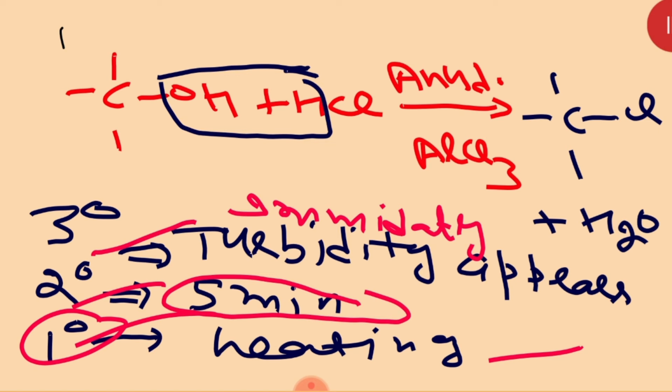Turbidity means you can consider milkiness. In the solution there is a little bit of milkiness, that is called turbidity. And that turbidity will appear very easily or immediately in the tertiary alcohol. So this way we can distinguish between primary, secondary and tertiary alcohol by the Lucas test.